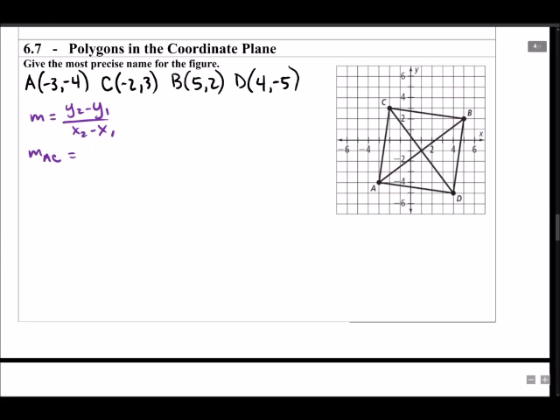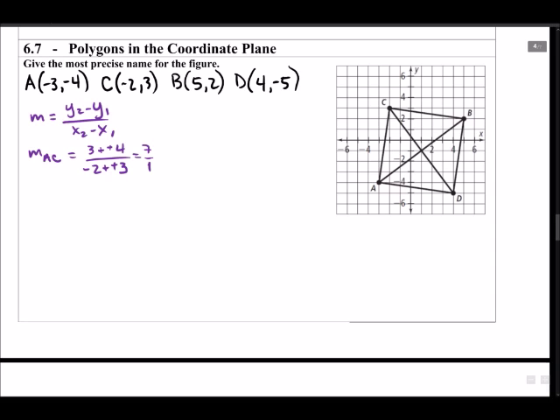I'm not going to because I'm going to use them a lot here. But 3 minus negative 4, if you do it, your life will be better. Minus 2 minus a negative 3. Notice it's always minus. Watch those negatives. So this is 3 plus 4 is 7. Negative 2 plus 3 is 1.